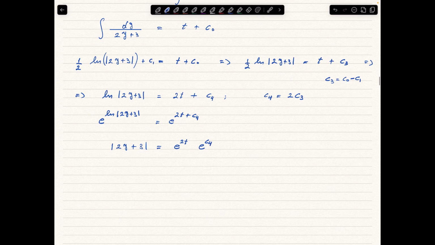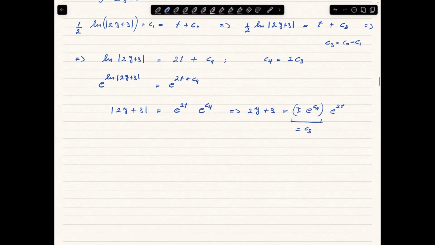Now we get rid of the absolute value, and the way we do that is by saying that 2y plus 3 is plus or minus exponential C4, which is still a constant, times exponential 2t. This whole thing we can call another constant, C5. And then we have that 2y plus 3 is C5 exponential 2t.